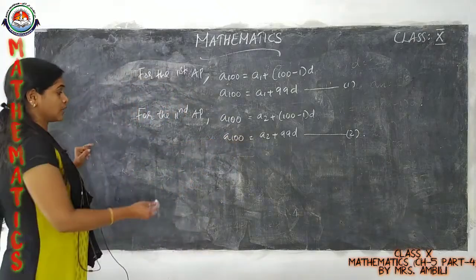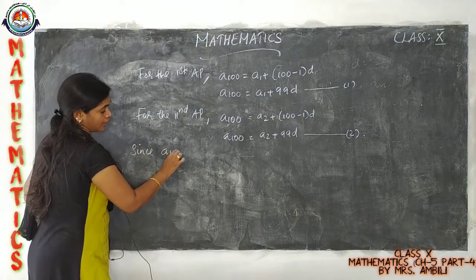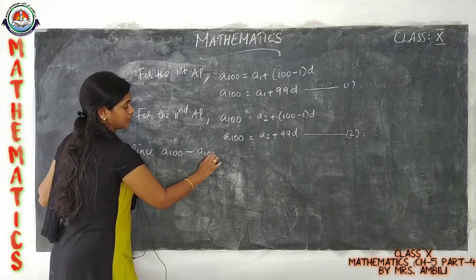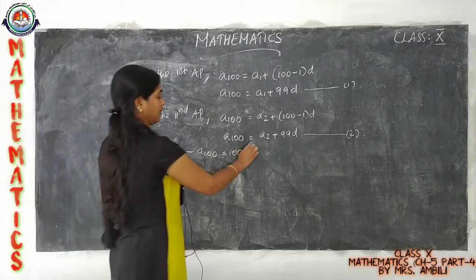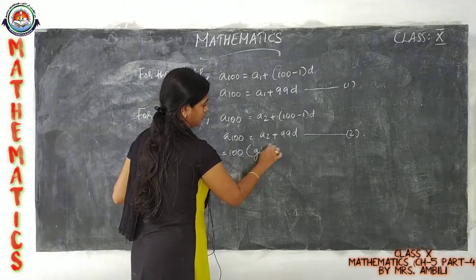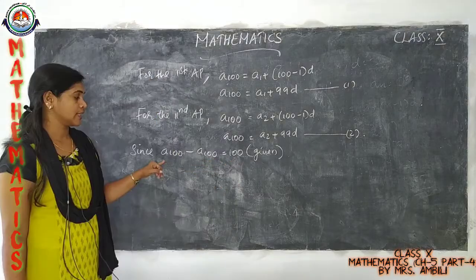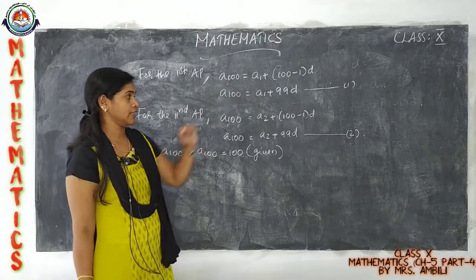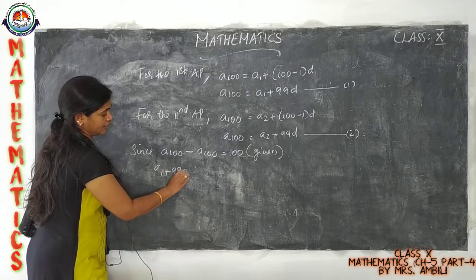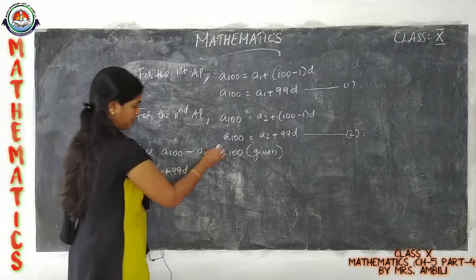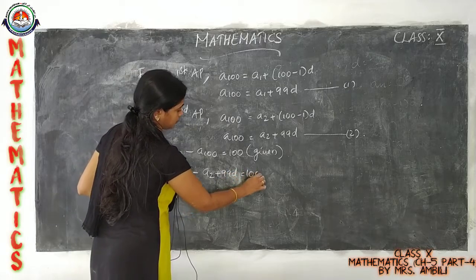And it is also given in the question that the difference between the 100th terms equals 100. Then substitute here. What is A100? First A100, A1 plus 99D, minus (A2 plus 99D), equal to 100.